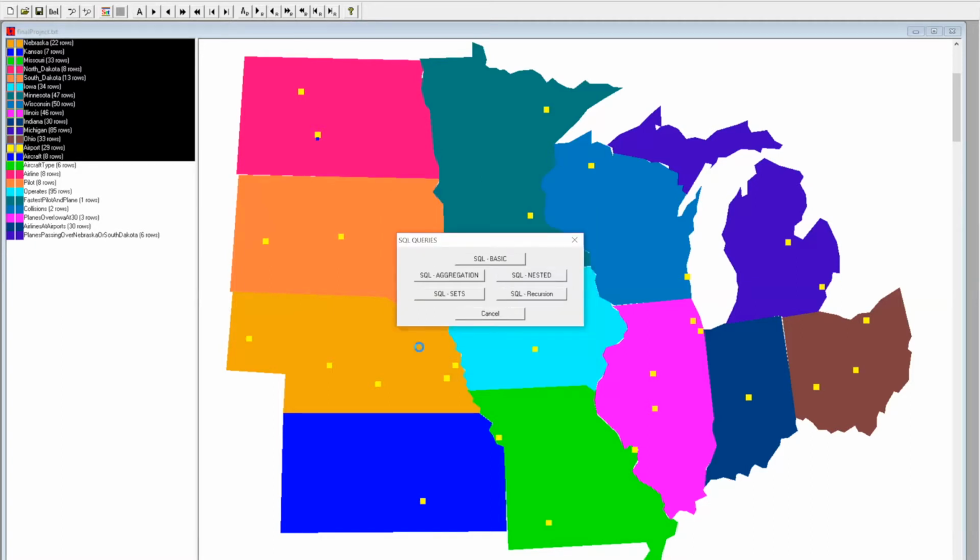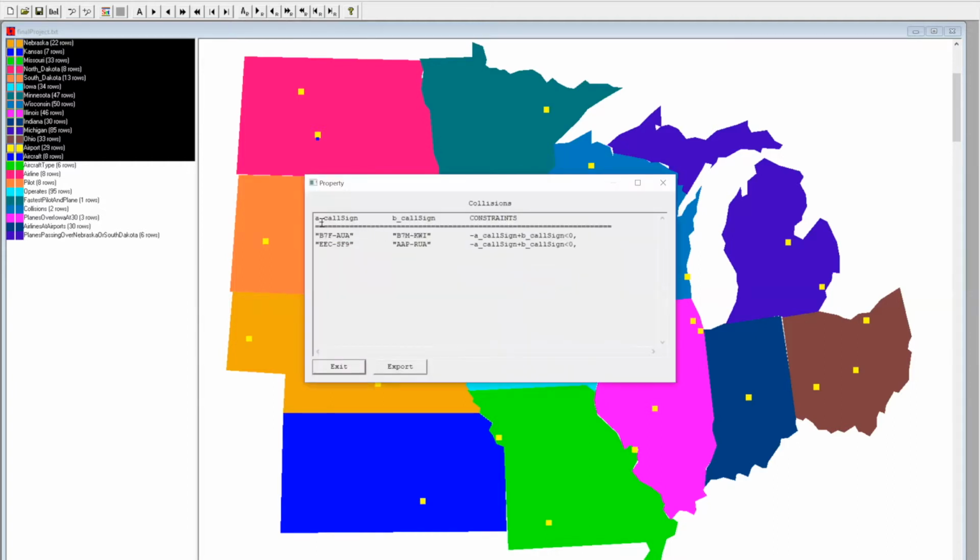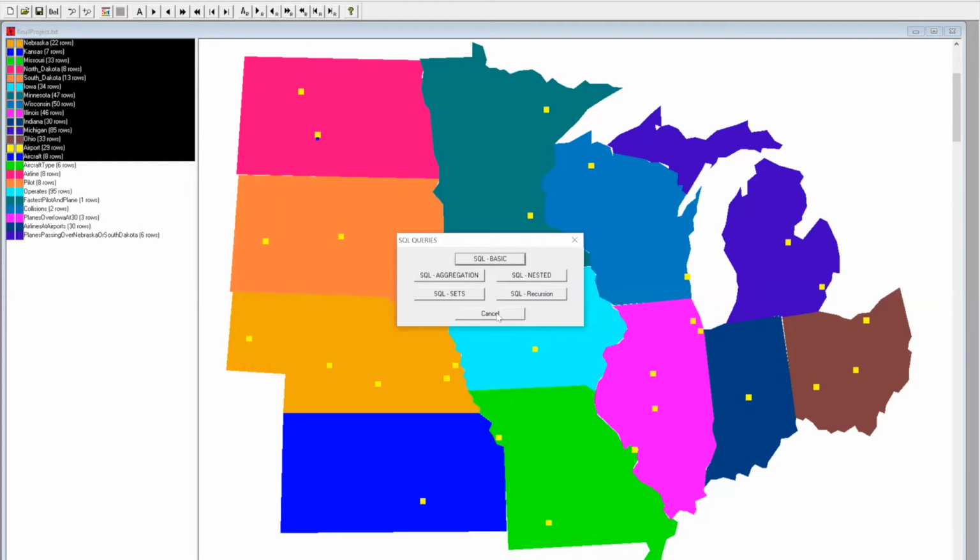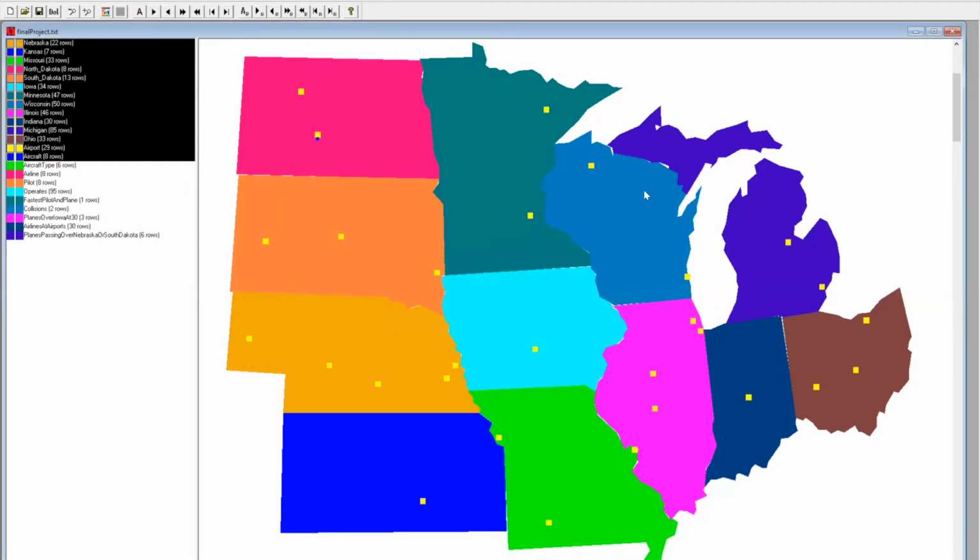And then if we run that, you can see that there are 2 different collisions that occur between these 2 planes and then these 2 planes. 2 of those planes collide right underneath the Wisconsin border, and 2 of them collide at the O'Hare Airport, and that is because every single plane takes off at the exact same time, and so there's 2 planes leaving the O'Hare Airport, and therefore they're going to collide.